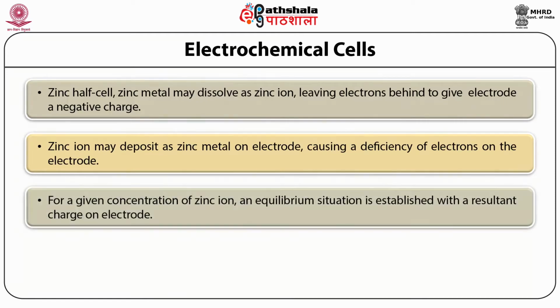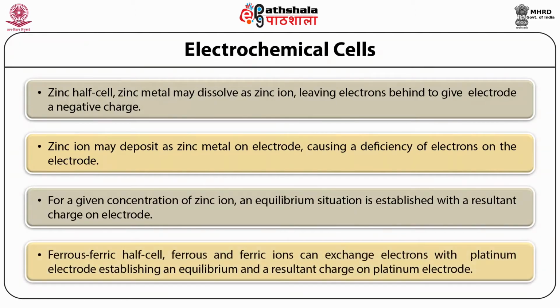For a given concentration of zinc ion, an equilibrium is established with a resultant charge on the electrode. Likewise, in the ferrous-ferric half cell, ferrous and ferric ions can exchange electrons with the platinum electrode, establishing an equilibrium and a resultant charge on the platinum electrode.